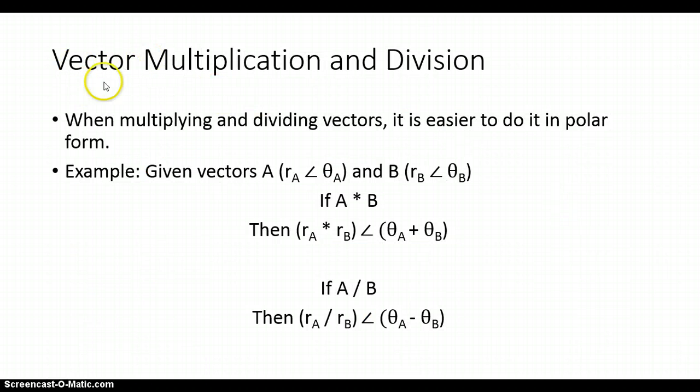Now let's look at multiplication and division of vectors. When you're multiplying and dividing vectors, it's so much easier to do this in polar form, and I'll show you why. Let's say you have a vector A, represented by r sub A angle theta sub A, and a vector B represented by r sub B angle theta sub B. If I multiply the two of these together, I simply multiply the magnitudes and add the thetas.